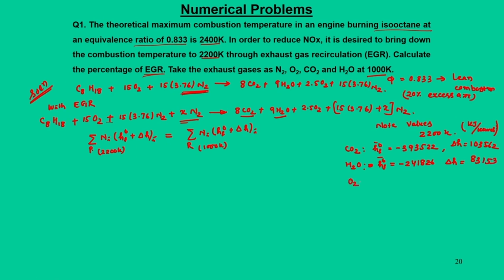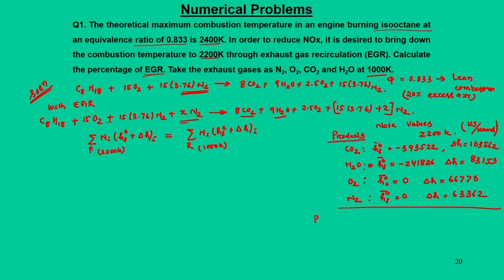For O2, hf° is 0 because it is a stable gas, but delta h is 66,770. Then we have N2, hf° is also 0, stable gas, and delta h is 63,362. So, this is for products.